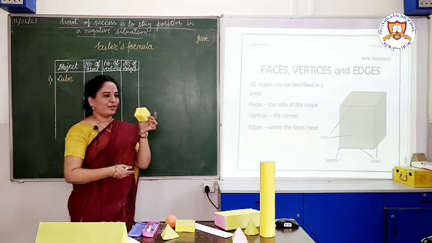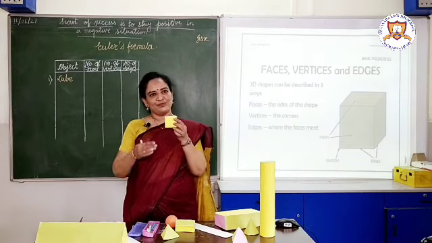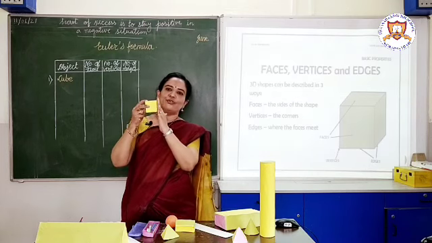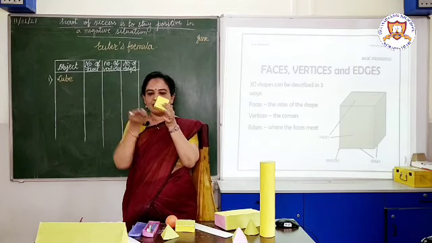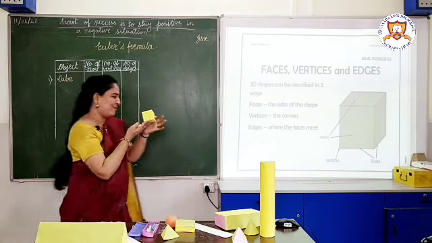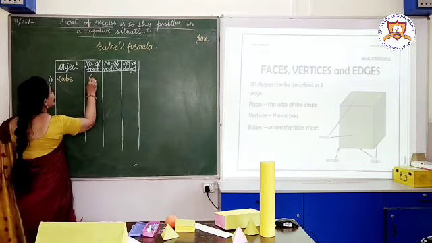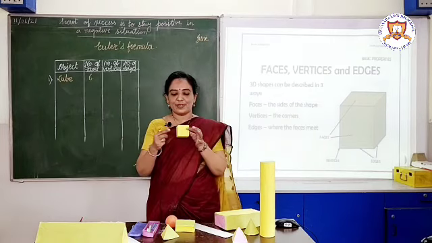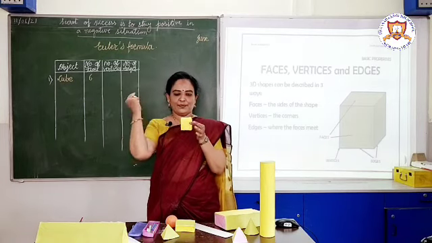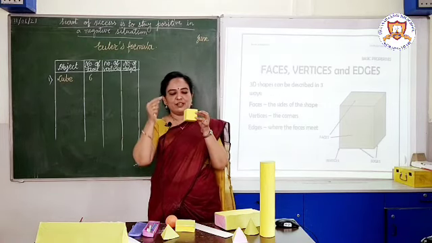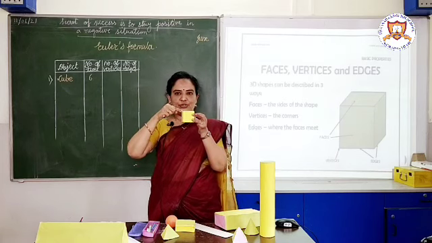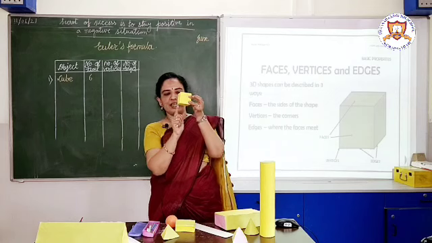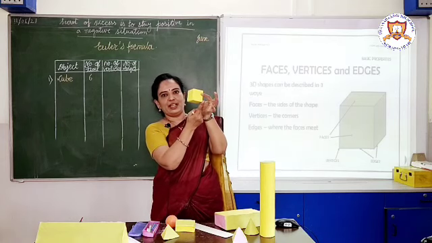Count with me. How many faces are there for the cube? 1, 2, 3, 4, then 5, 6. So 6 faces are there. Now count vertices. Vertices means what? Corners. So this and this. 1, 2, 3, 4, 5, 6, 7, 8.